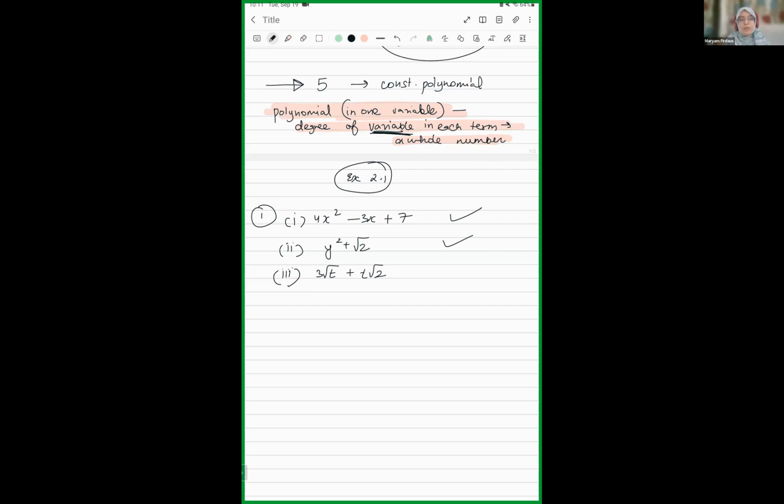Then, the third one, is it a polynomial in one variable or not?